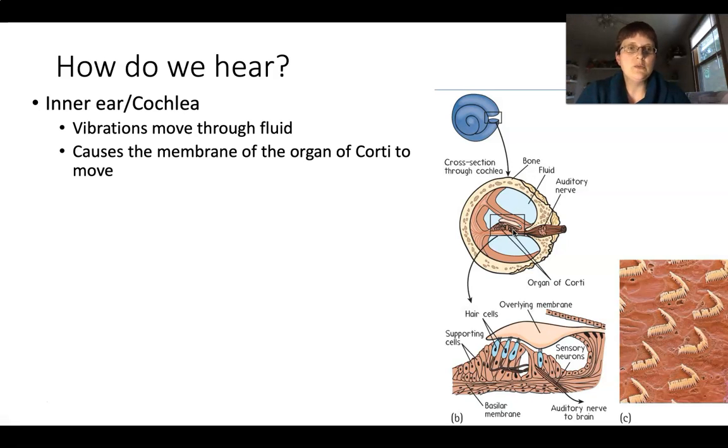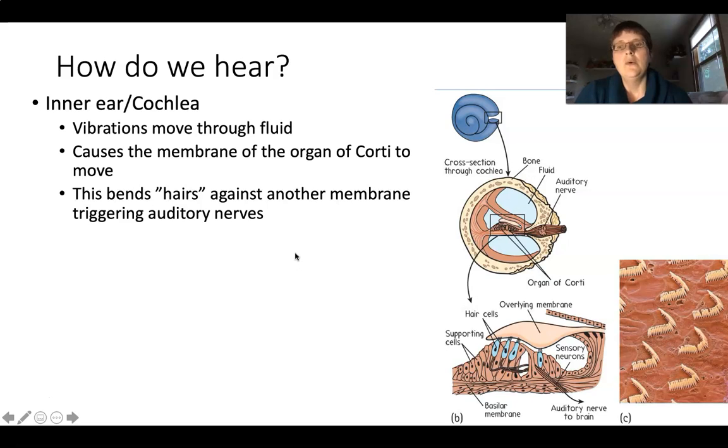So how is this working? Well, when that membrane moves, it's going to bend hairs. Here is the zoomed in version of this organ of Corti. So here's that membrane that those sound waves are going to bounce.